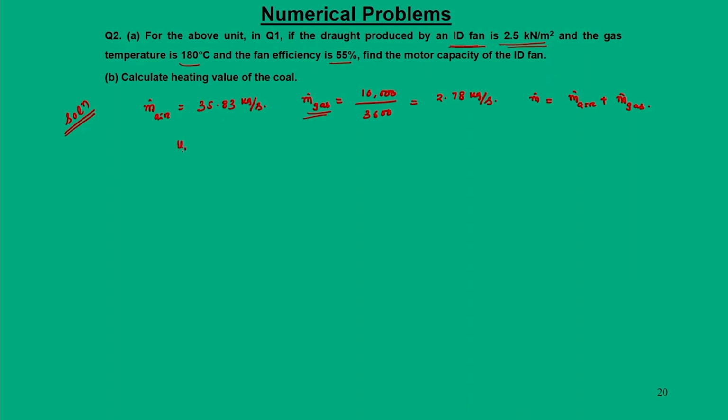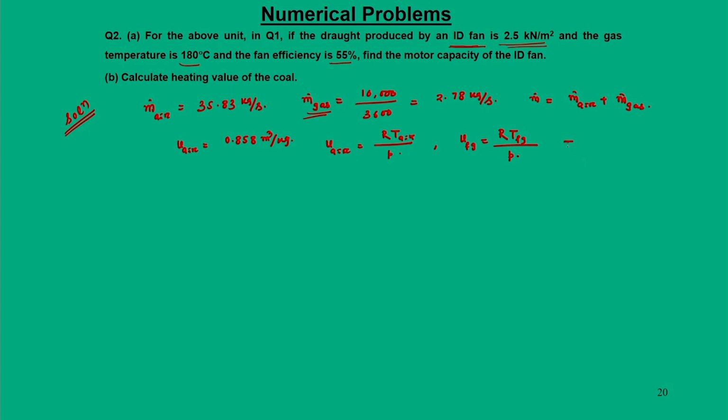The specific volume of air we already know as 0.858 meter cube per kg, and so we can write V air is equal to R T air by P. Also for flue gases we say VFG is equal to R T flue gas by P. Assuming that flue gas is released to atmosphere, this pressure can be taken as equal.